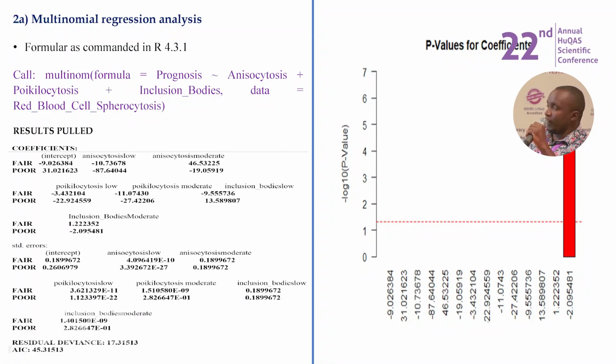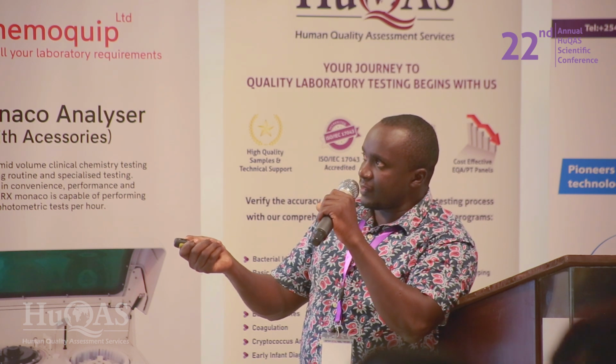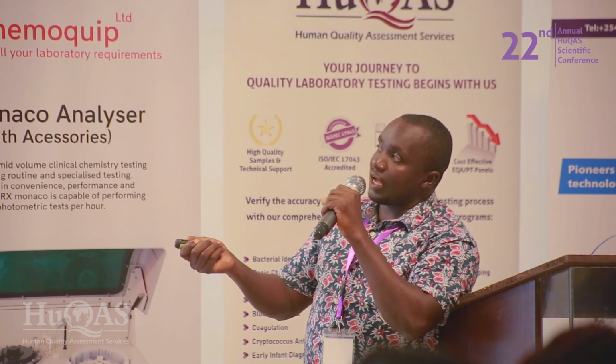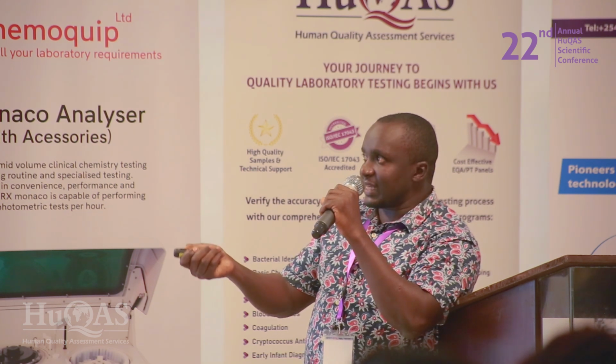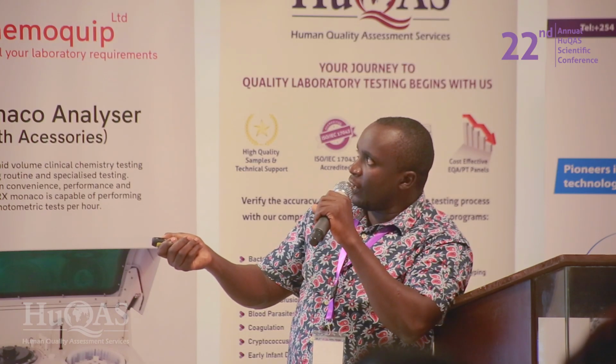We used software called R, the newly updated one. We fed it, in the language that it understood, the information we gathered, and then it gave us this output. But when you get this, you don't understand what it is.